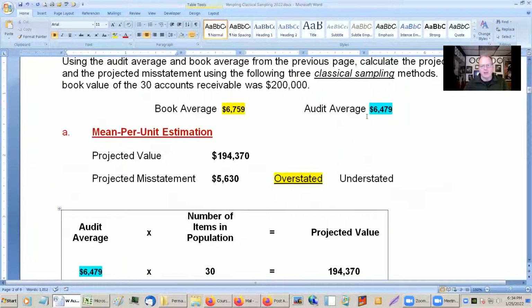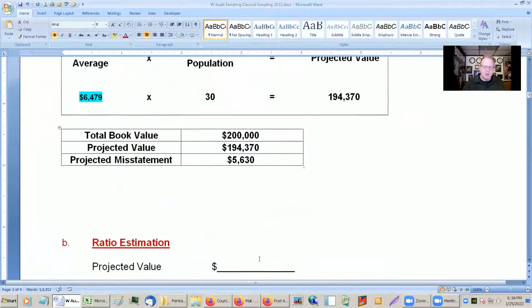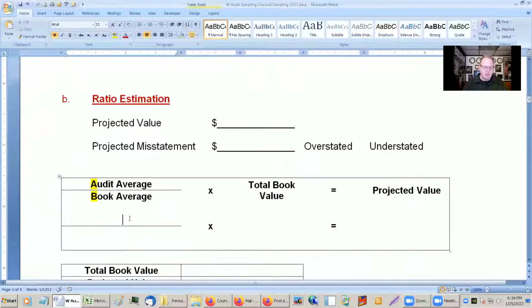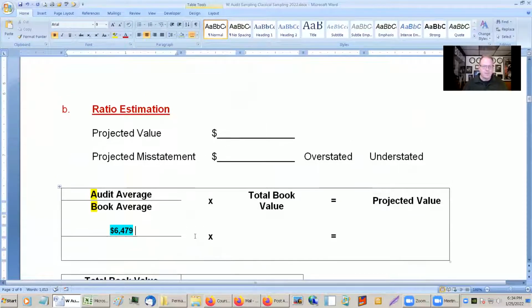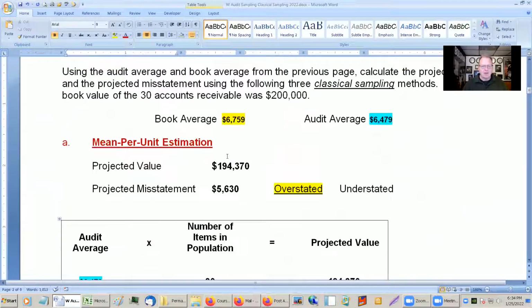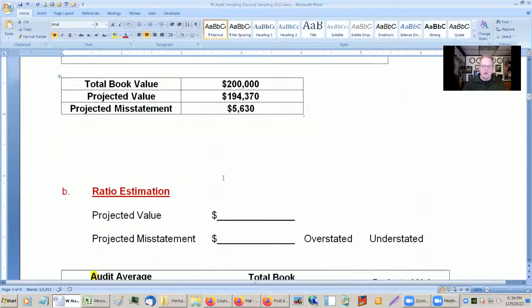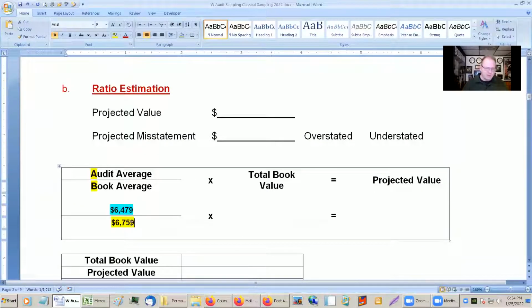The audit amount is this, and the book amount is that. What the ratio estimation is telling us is that everything in here is off by a ratio; the large things are off by more dollar amounts than smaller things.